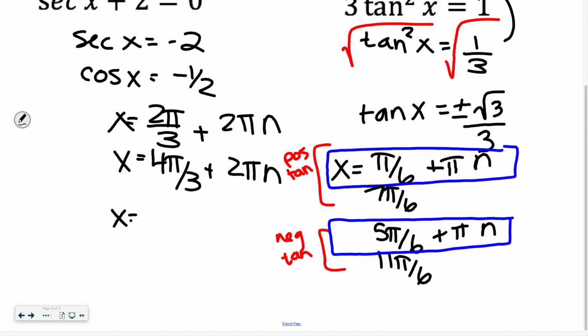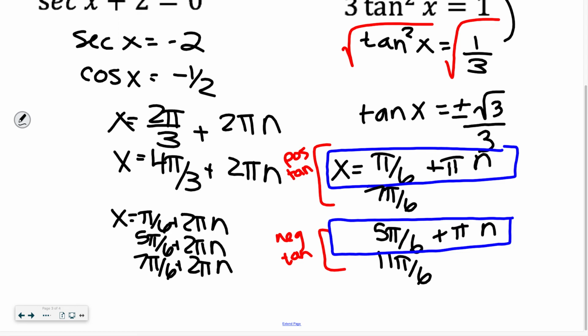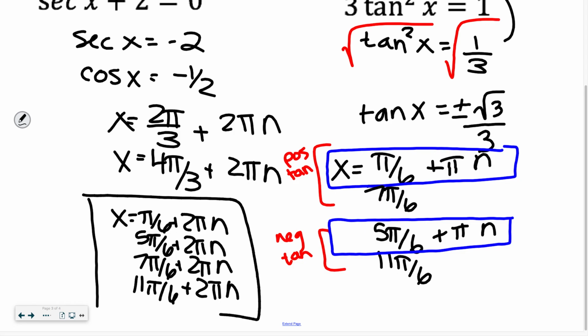If you wrote x equals pi 6 plus 2 pi n, 5 pi 6 plus 2 pi n, 7 pi 6 plus 2 pi n, 11 pi 6 plus 2 pi n, you're also hitting all the angles with a lot more writing, aren't you? Okay, so I would accept this answer. That is not wrong. I just want to talk about this, and we'll continue to have this conversation because it happens with tangent.